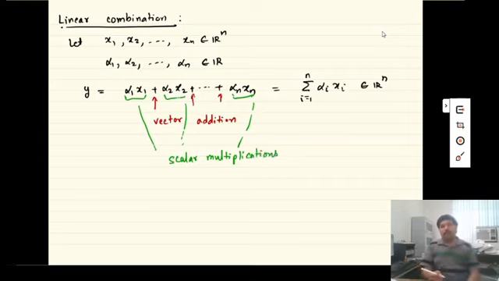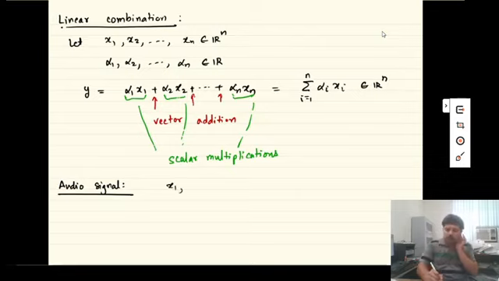Okay, so if you understand what is really happening, then immediately you can see what is happening in your audio signal example. You have different audio signals x1, x2 up to xn.